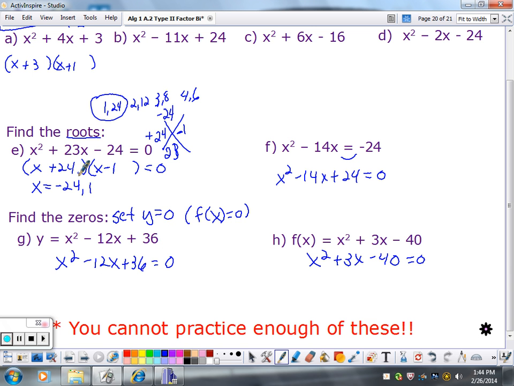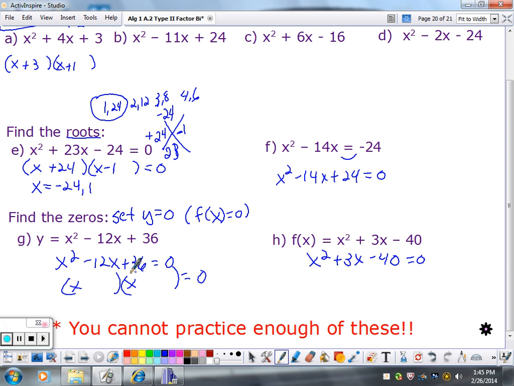Just like you did up here, you'll look and see. Are there any greatest common factors? Nope. I don't see any. Is it a difference of squares? Is it an a squared minus b squared? No. Oh, it's a type 3, right? So I'm going to factor it. x and x.